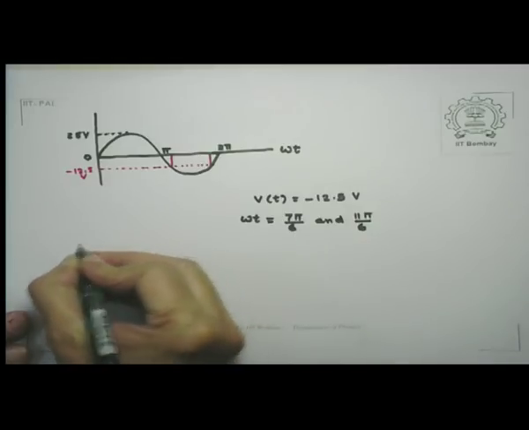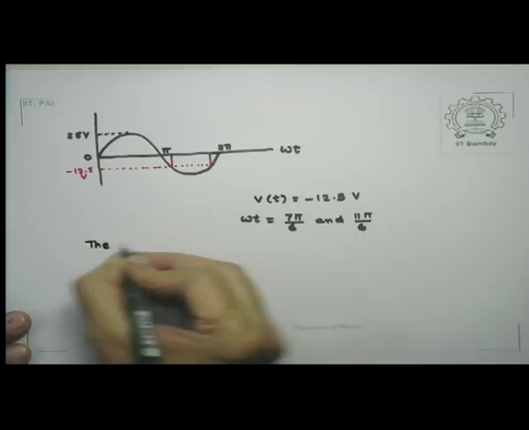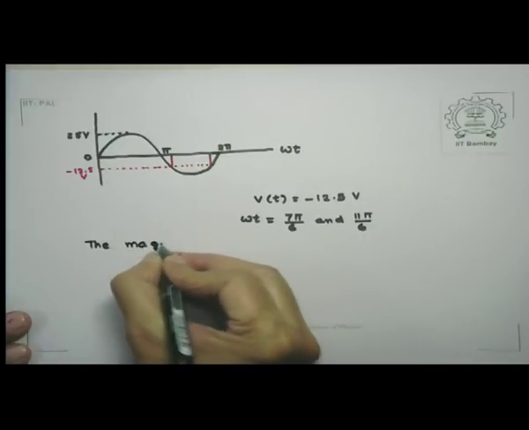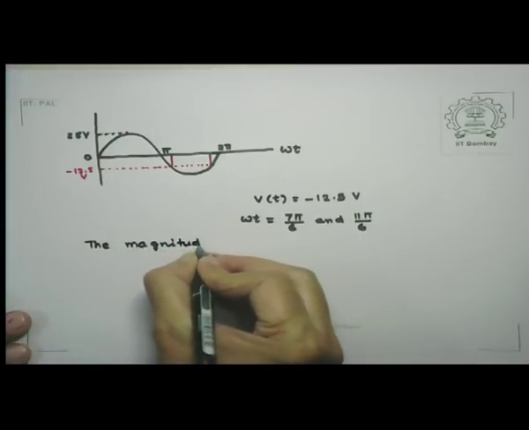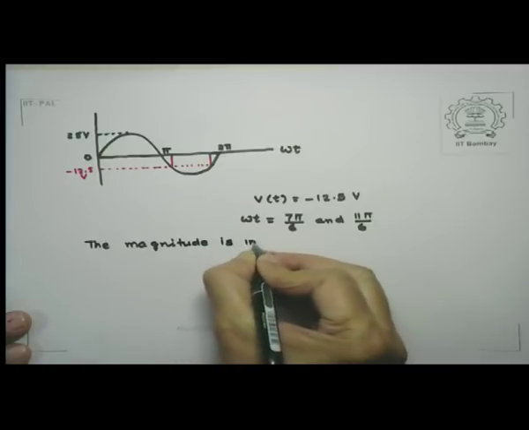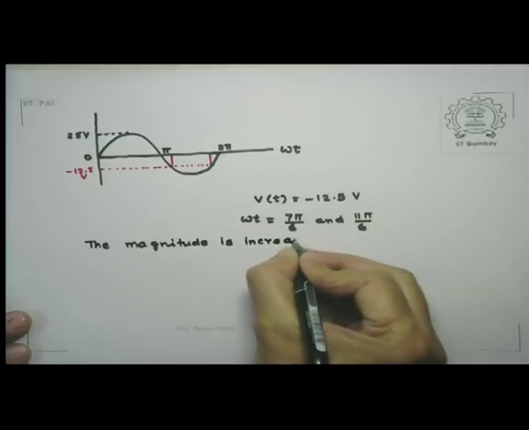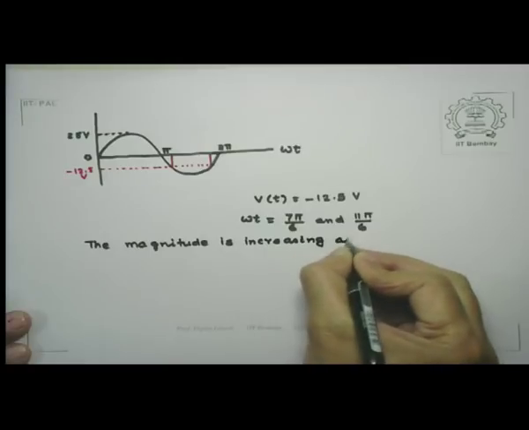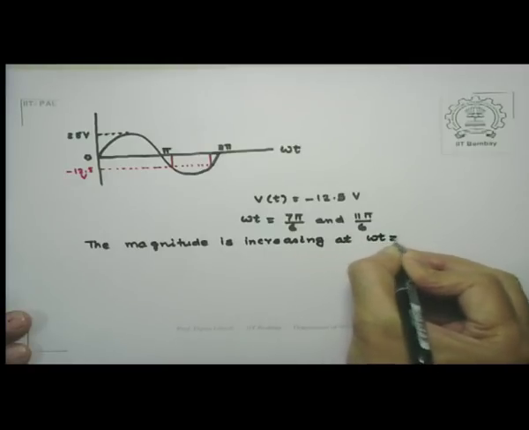So the magnitude is increasing at omega t equal to 7 pi by 6.